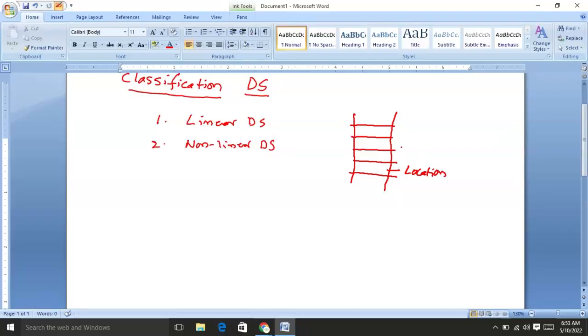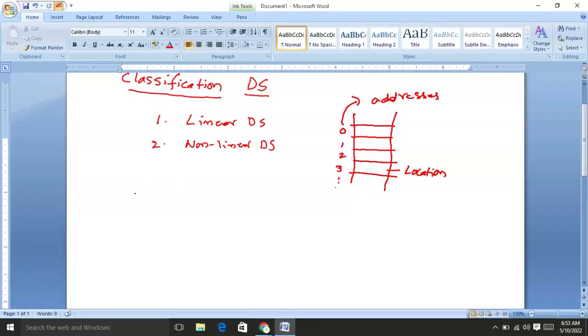Each and every location is identified by a particular number, generally starting with 0, 1, 2, 3, and so on. These numbers are known as addresses. That means each and every memory location has an address to identify that location.